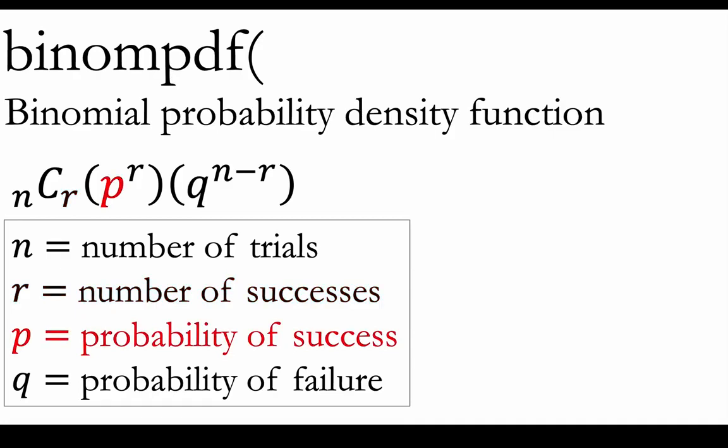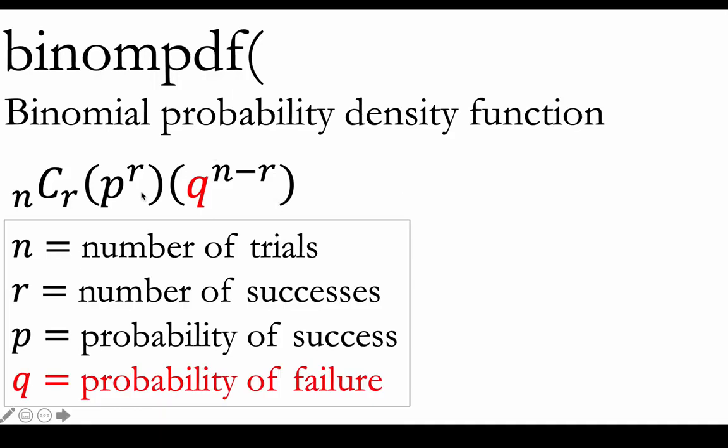P is the probability of that thing happening, and P will always be to the R power. And Q is the probability of failure, so essentially what you're not looking for. So if you're looking for 20 heads, you're looking for 80 tails. The probability of getting a tails would be Q, and n minus r is the number of tails.